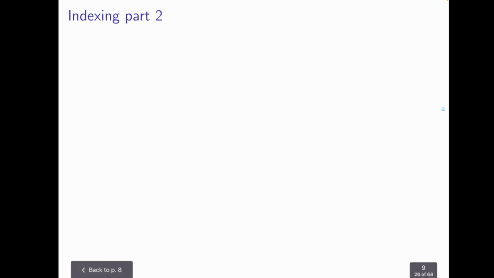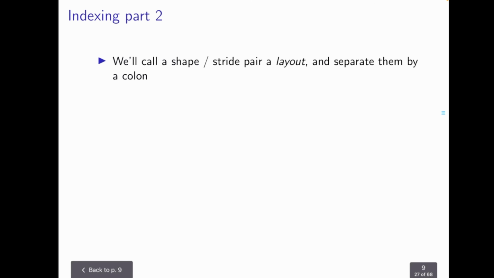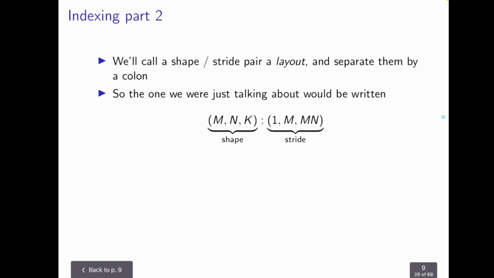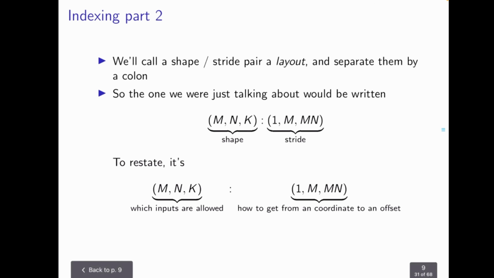All right. So we're going to call this assembly of a shape and a stride a layout, and separate them by a colon. This is the one we were just looking at. The shape is MNK. Remember, that's the allowable inputs. And then the stride is how to get from a coordinate to an offset.